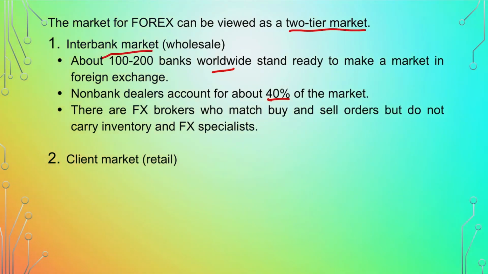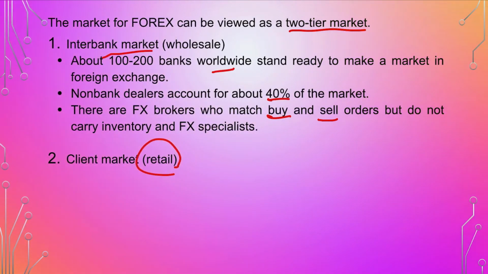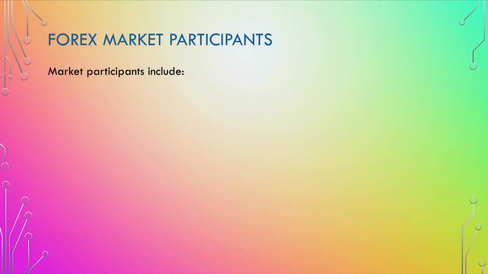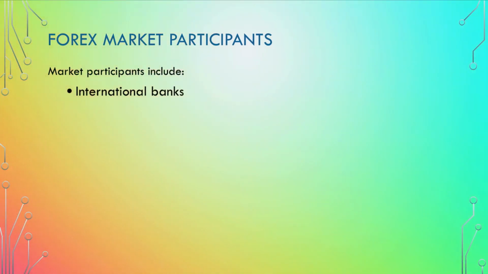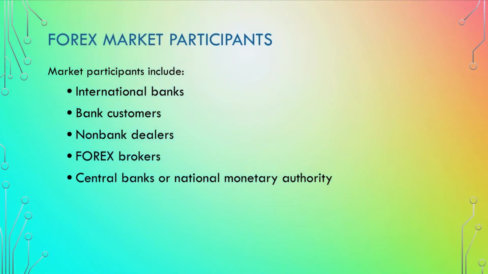There are FX brokers who match buy and sell orders but do not carry inventory, and FX specialists. The second one is the client market. This one is a retail market. Forex market participants include international banks, bank customers, non-bank dealers, forex brokers, and central banks or national monetary authorities.